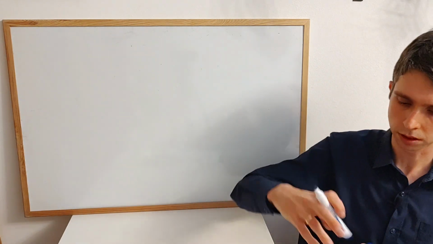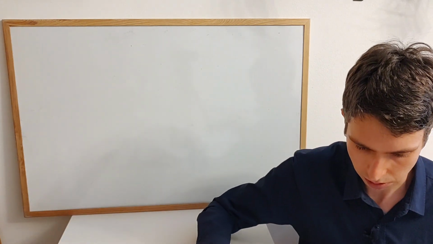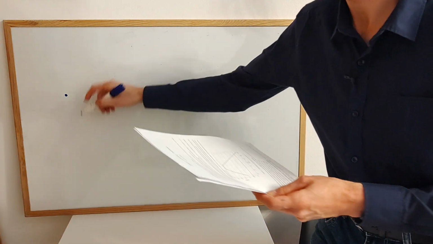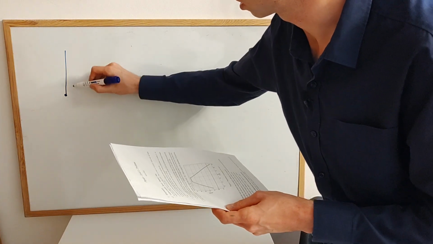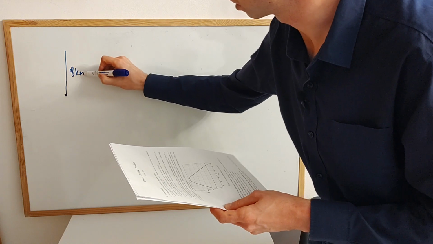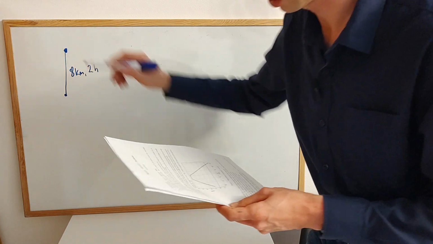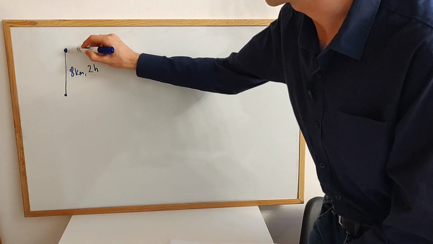Now let's first draw this situation. The tourist starts somewhere here, then he goes 8 kilometers to the north in 2 hours, then he takes a rest.